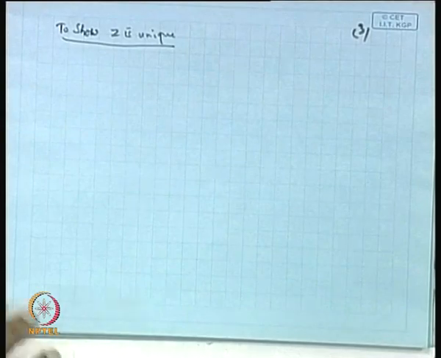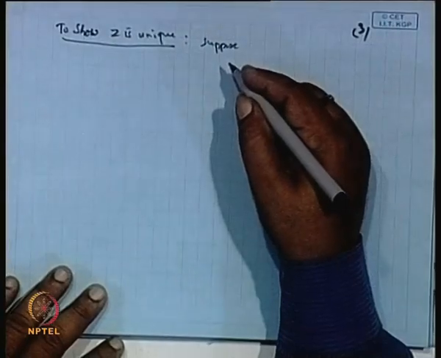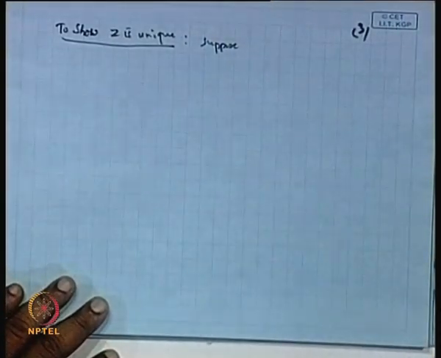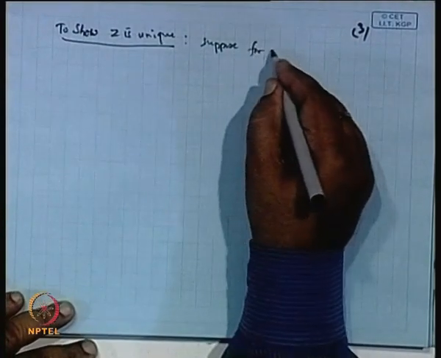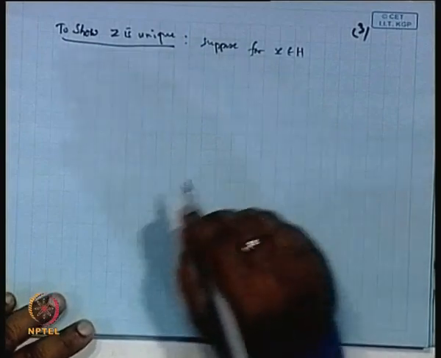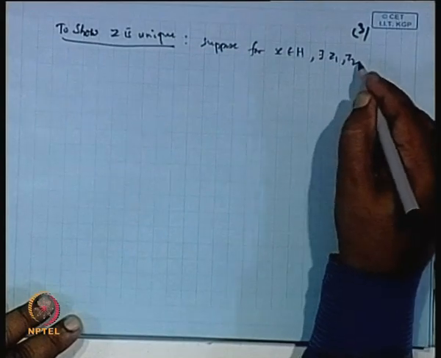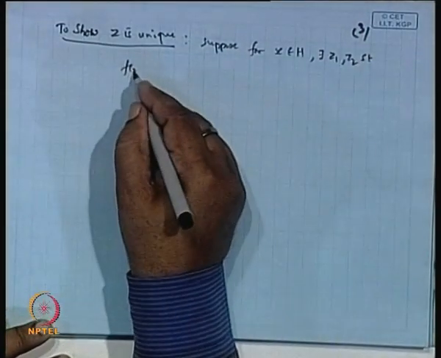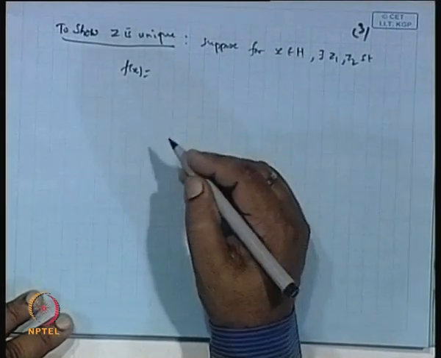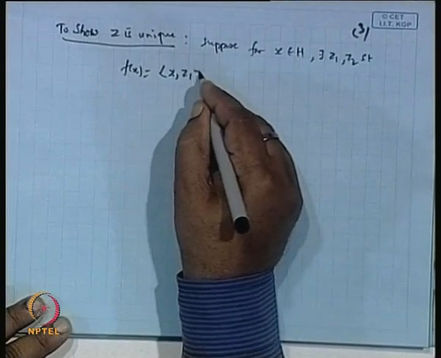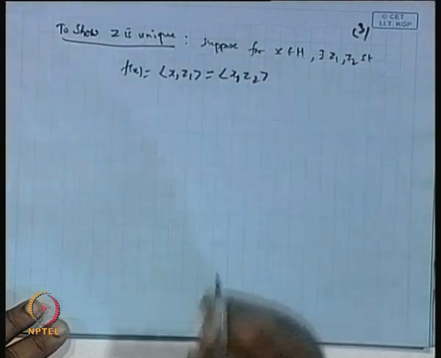Suppose there are two, z1 and z2, available such that for x belonging to H, f(x) has the representation as the inner product of x z1, which is the same as the inner product of x z2. Agreed?